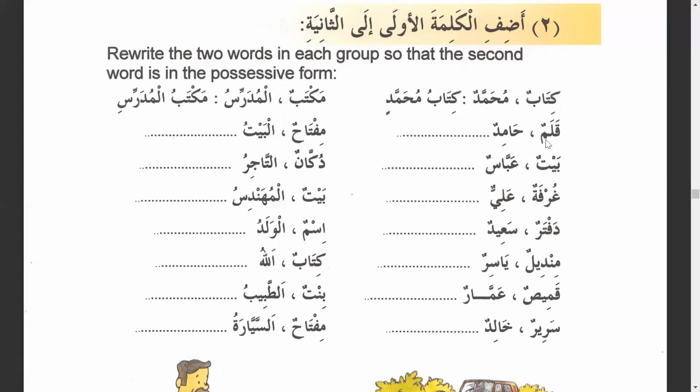Qalamu. You need to remove the tanween, make it light with a single dhamma, and there shouldn't be any al, right? What about Hamidun? Hamidun is in which status at the moment? Rafa. So if it's coming as Mudaf ilayh, then it has to be in jar status. And can Mudaf ilayh be light or heavy? Yes, Mudaf ilayh can be heavy.